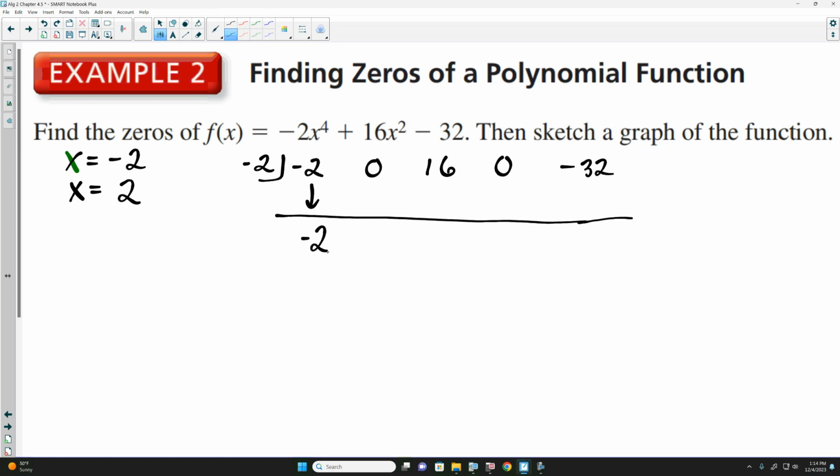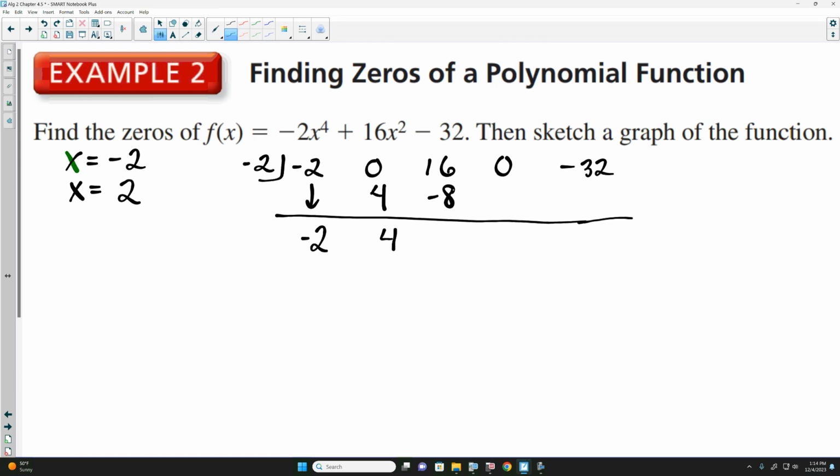And this is also a way for us to check and make sure we do have all the solutions. The first thing we're going to do is negative 2 times negative 2 is positive 4. 0 plus 4 is 4. Negative 2 times 4 is negative 8.